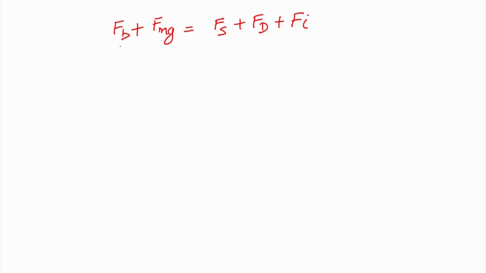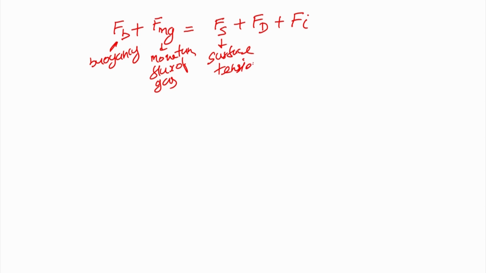This is buoyancy, this is momentum flux of gas, this is surface tension force, this is drag, and this is inertial force. You can do this force balance, and from it you can find the bubble diameter.